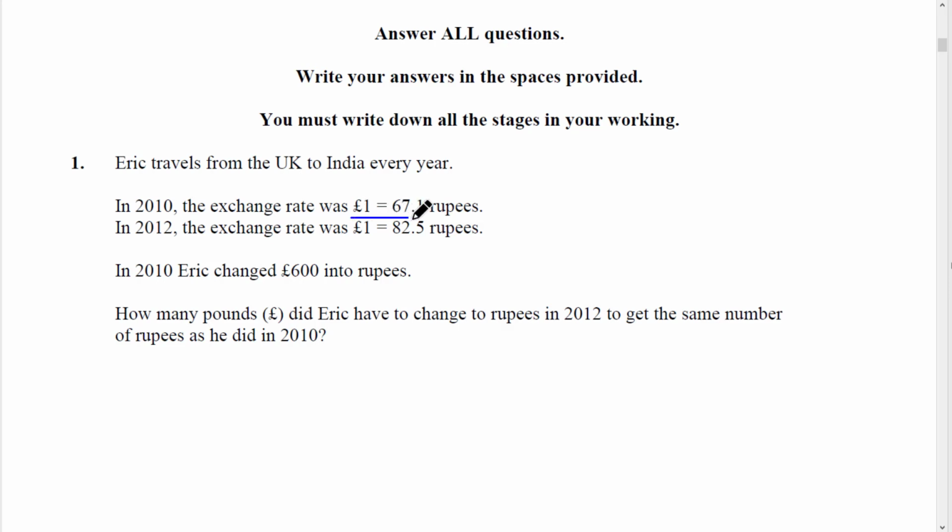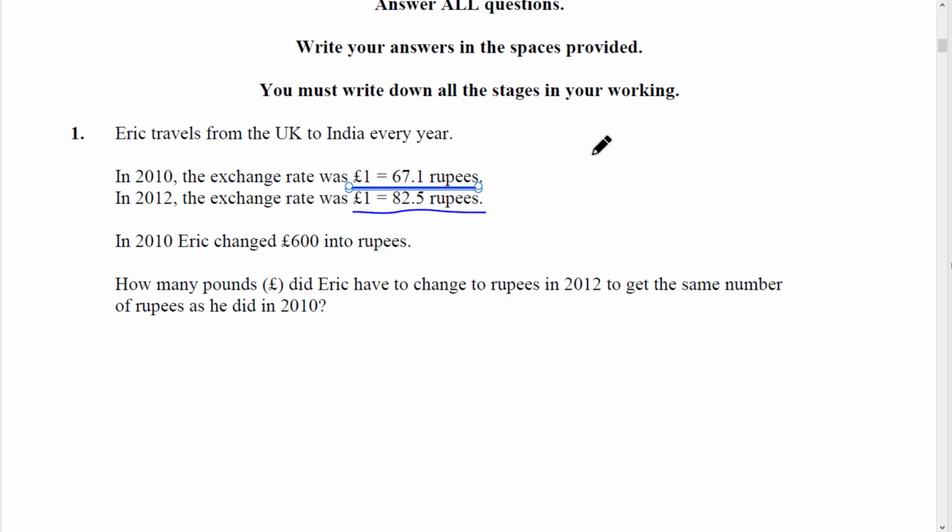This is the key information here, and here's some more key information. So, I like to write this as a ratio. So you have £1 is equal to 67.1 rupees. So in 2010 he changed £600 into rupees, so that's easy.